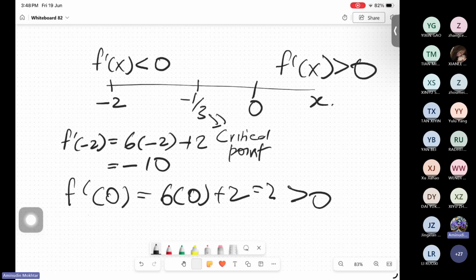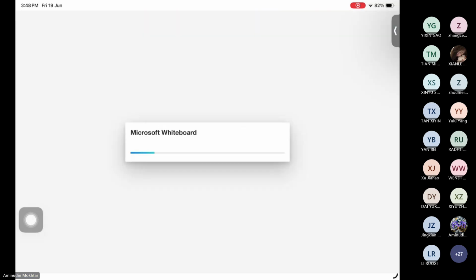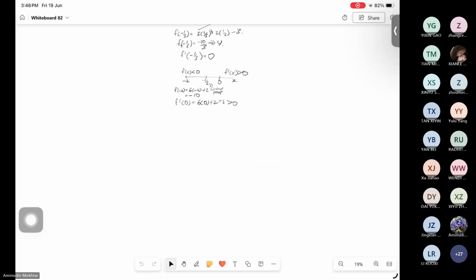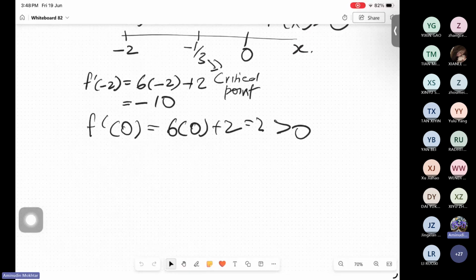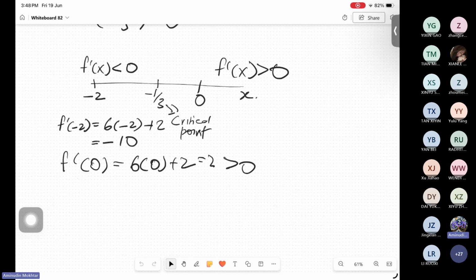Now we can see here the graph. Based on this graph, the sign of the slope of the tangent line changes from negative to positive.